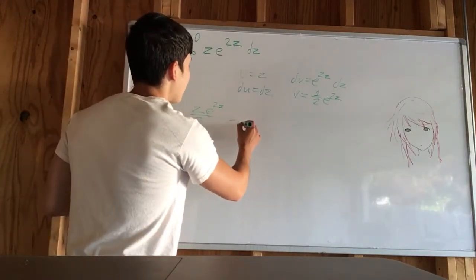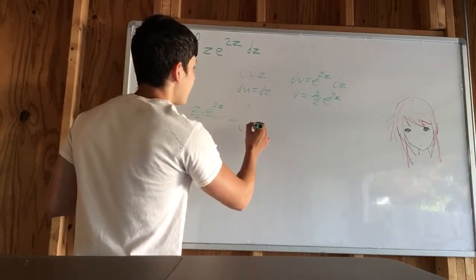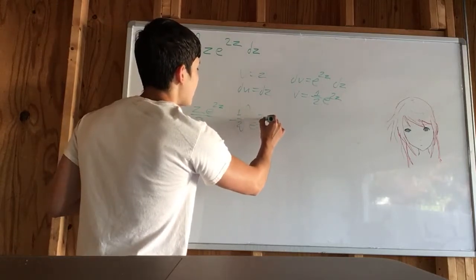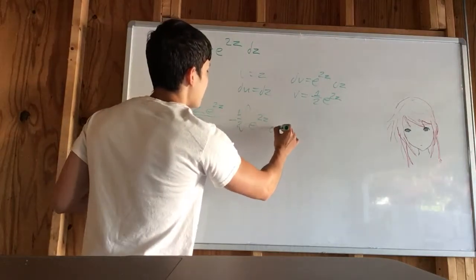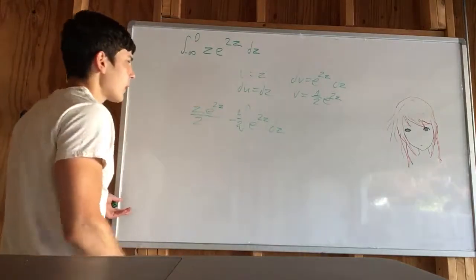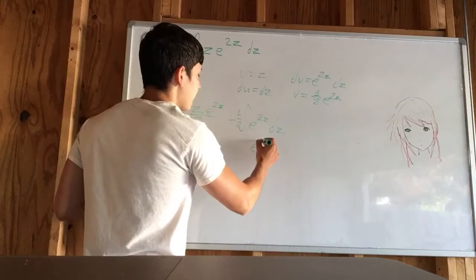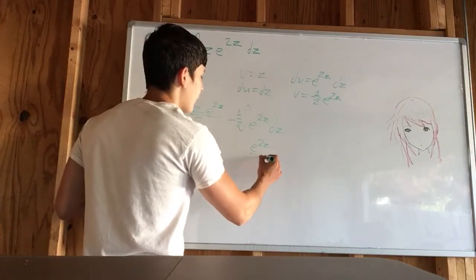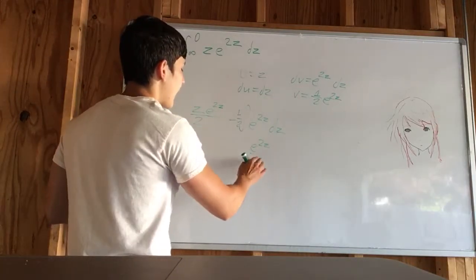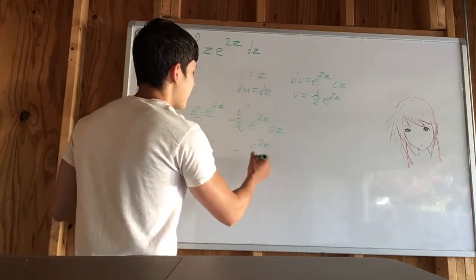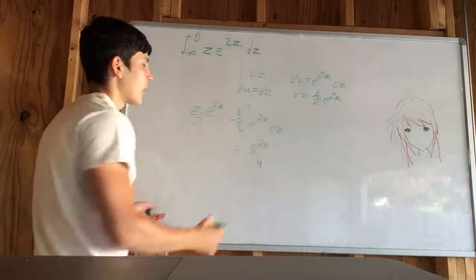That's uv minus the integral of v du. We have 1/2 outside, we've got e to the 2z dz. We integrate this, and we get e to the 2z over 2. We've already had a 1/2 over there, so this is minus this over 4.